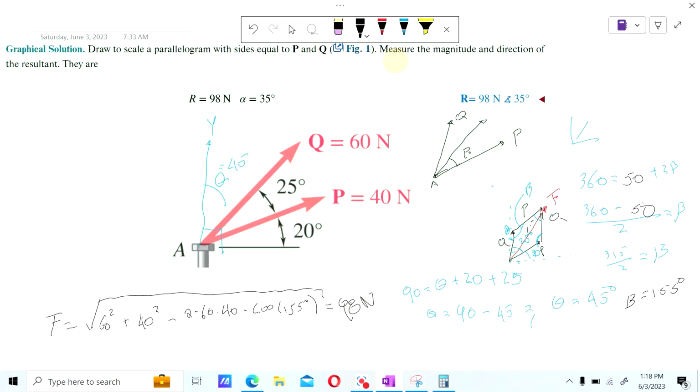Yeah, we don't know the angle between the resultant and P. But I don't know why they're making it so complicated. If what they want to know is that angle right there, which we can call lowercase a, in degrees. This is the total force. I called it F, they call it R. Okay, so if you want to find that angle, I'm not quite sure why they're making it so complicated.